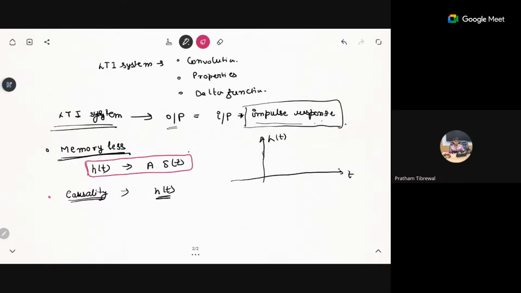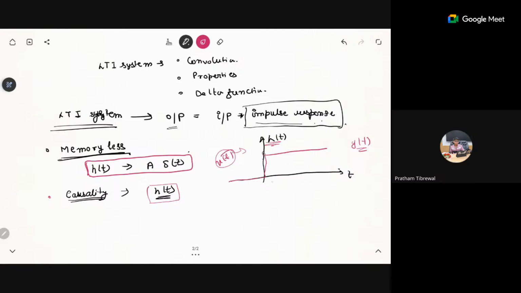So if the impulse response h(t) of that LTI system is u(t), then any input x(t), applied to this impulse response, will result in a causal y(t), right? Yes, that is true, but how should you represent this?